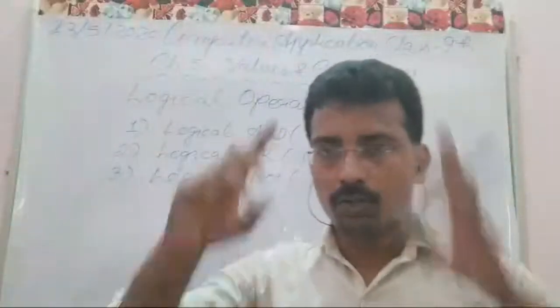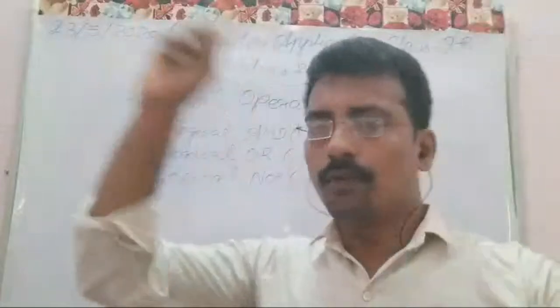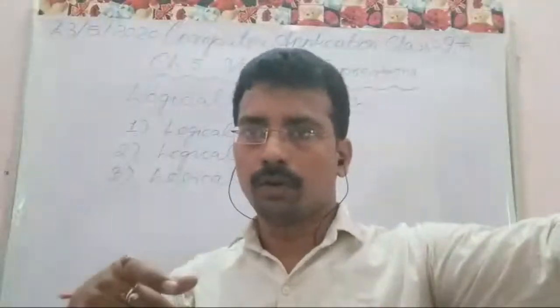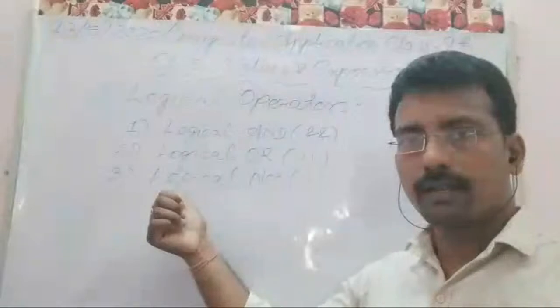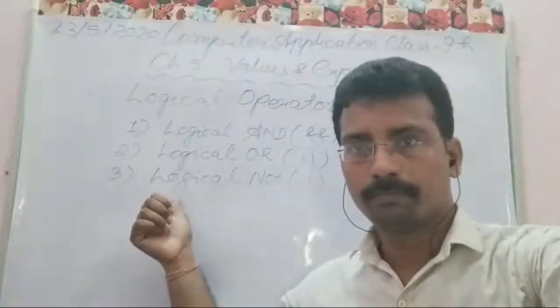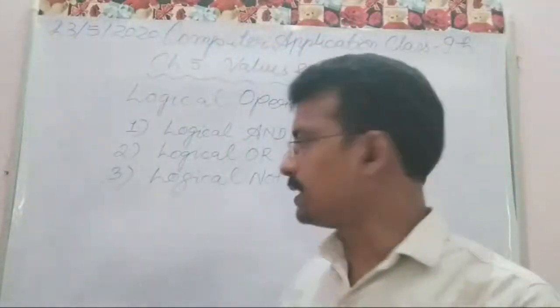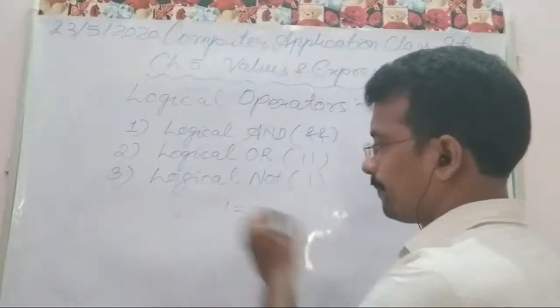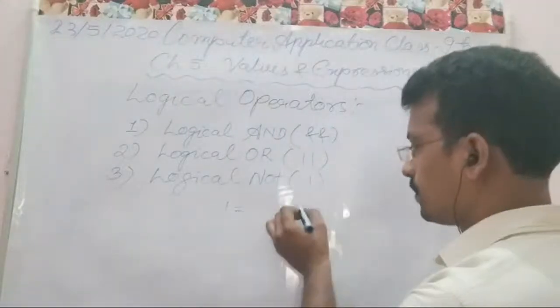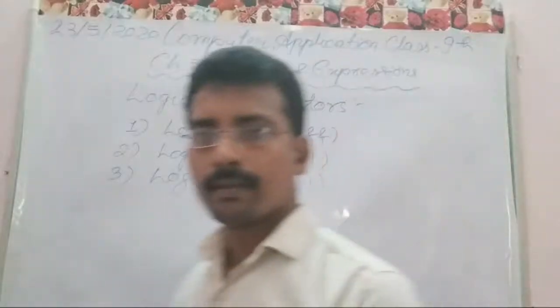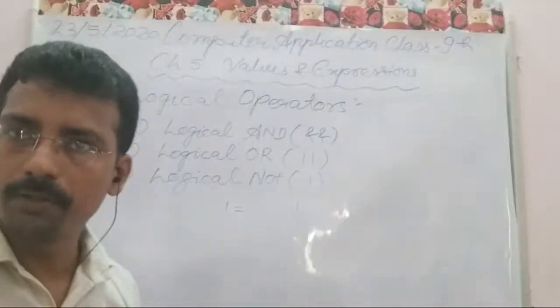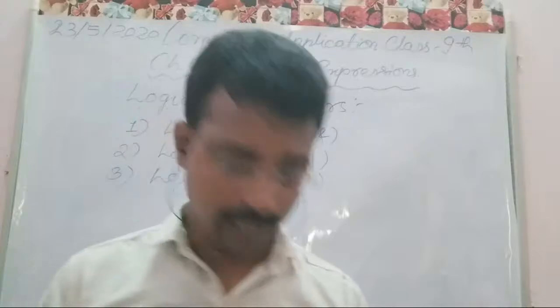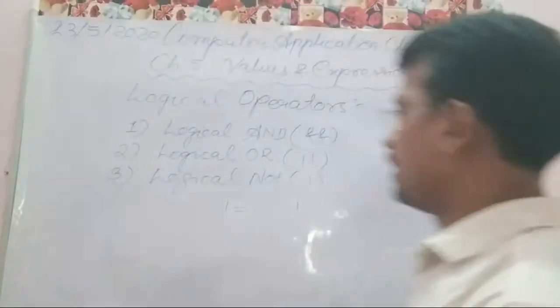So when it is written not, two ideas develop: relational not or logical not. That's why we write logical not and simple not. Simple not is represented this way, and logical not is represented this way. First difference you come to know. Now the working difference is very important. Let's see one by one.